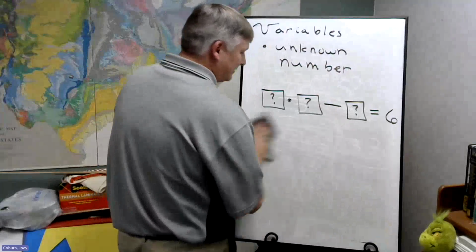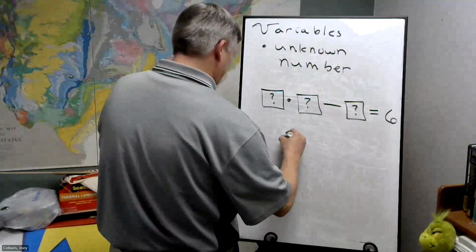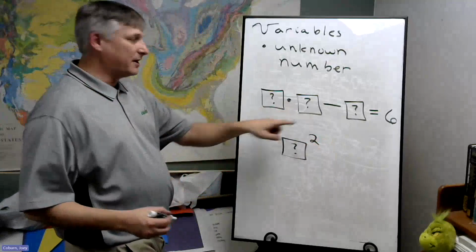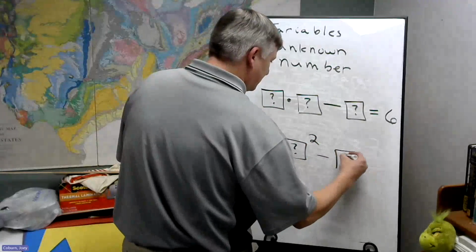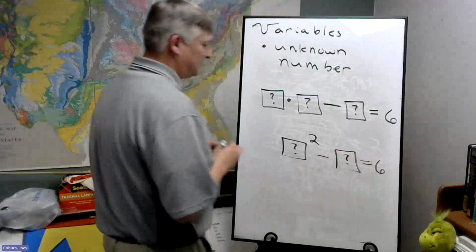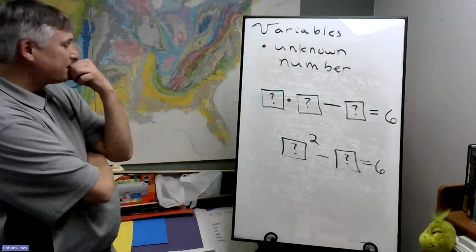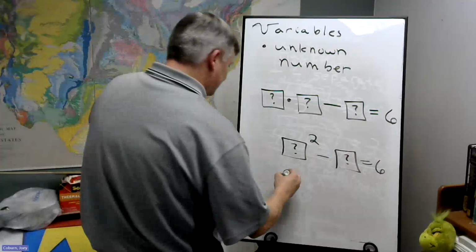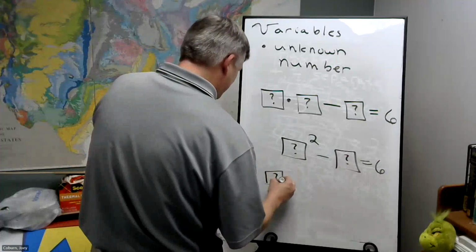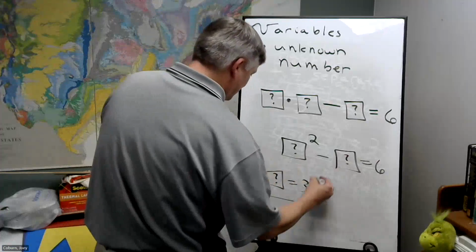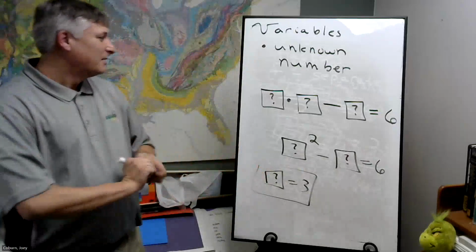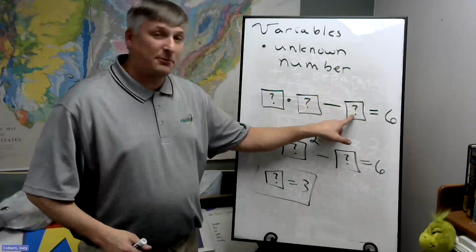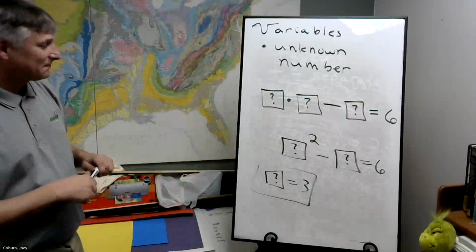So I could write it like this. The variable squared, or variable times itself, minus itself gives you 6. Now, what's a number that works for that? Well, here's one that's going to work. I gave it away again. 3. 3 times 3 is 9. And then the 9, subtract 3 again, gives you 6.